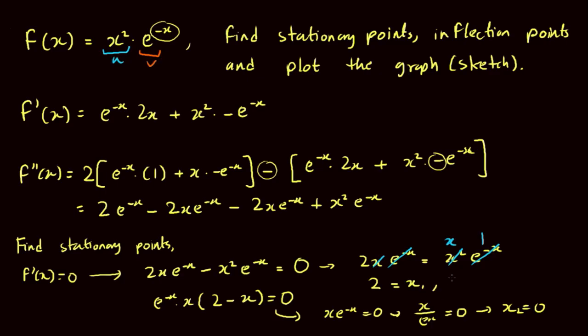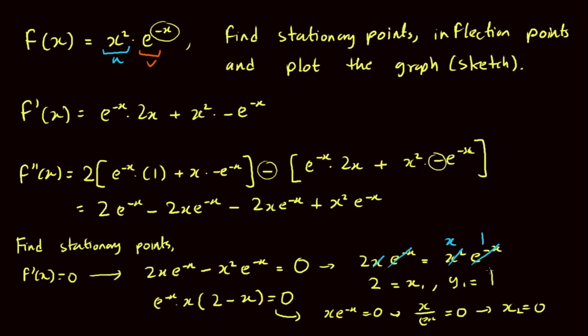So x1 is 2, then y1 would be what? It would just be 2 squared times e to the power of negative 2, so it'll be just 4e to the power of negative 2, right?